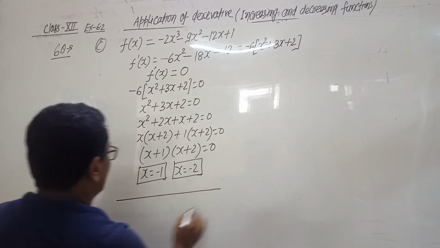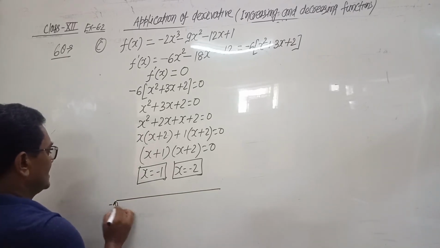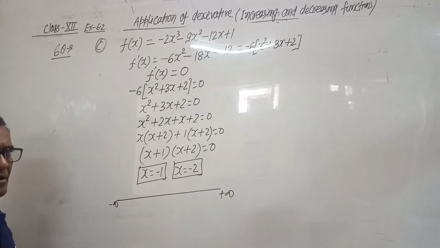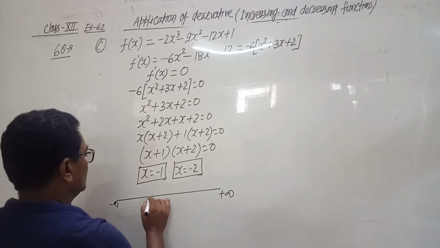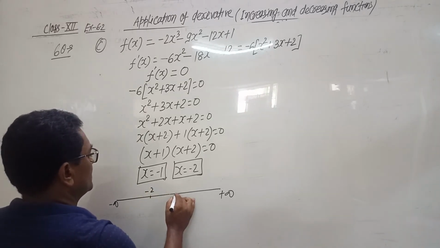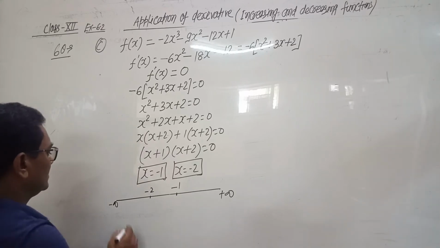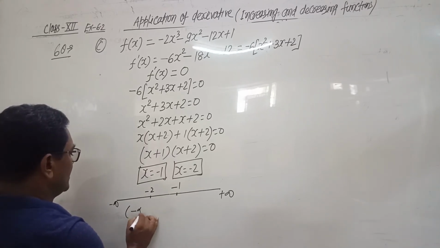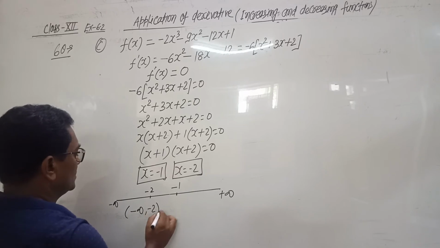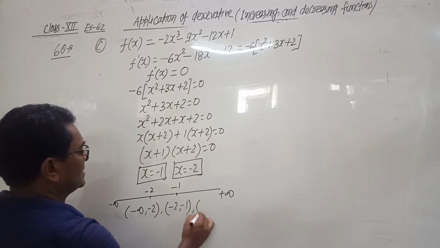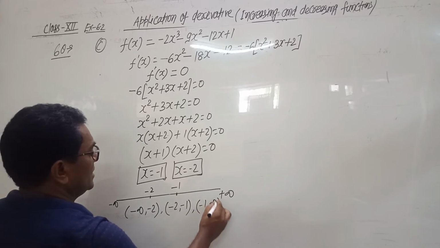So on a number line, a real function lies from minus infinity to plus infinity, then minus 2 and minus 1. So the intervals are minus infinity to minus 2, then minus 2 to minus 1, and then minus 1 to infinity.